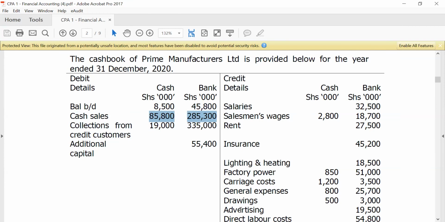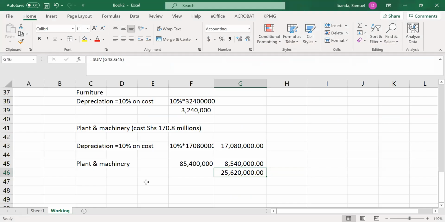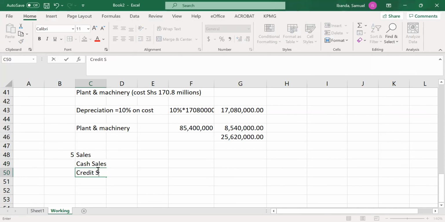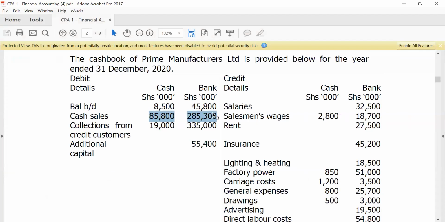So I'll just do a working to demonstrate this. So this was working 4. I'll just do working 5 and call this sales. So for sales, you have cash sales, and then you have credit sales. The cash sales have been provided to us and they're in the cash book. So I'll just pick these values as they are and add them together.